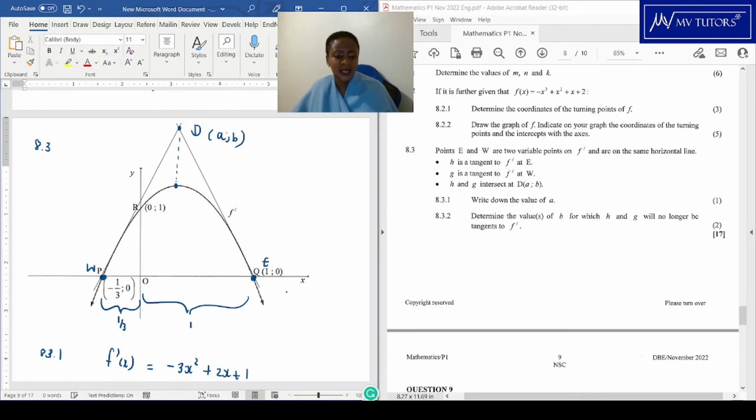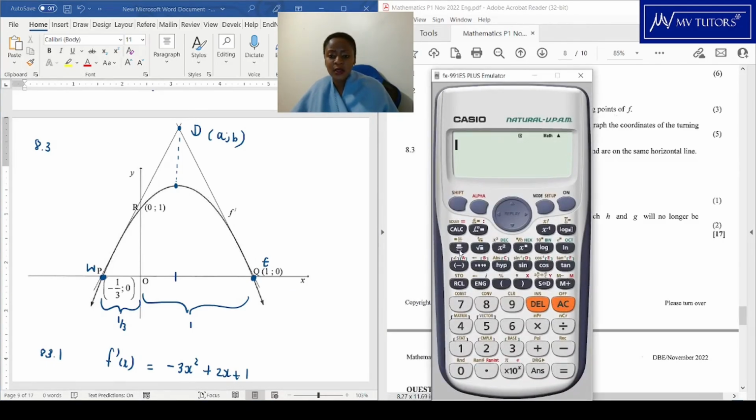So can we just get halfway? And if we get halfway of that, it would basically be 1. It's like getting the average. Okay, getting the average of 1 plus a third divided by 2.